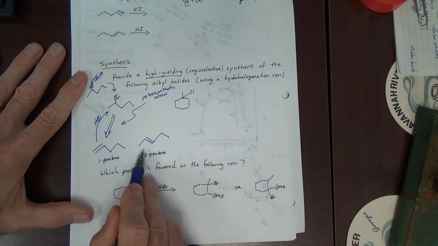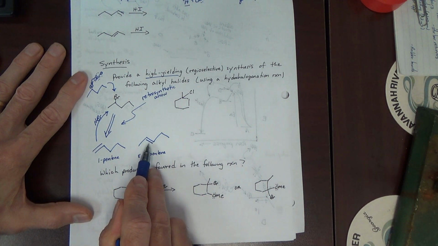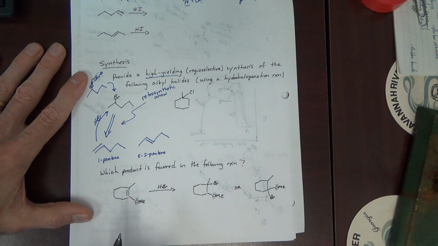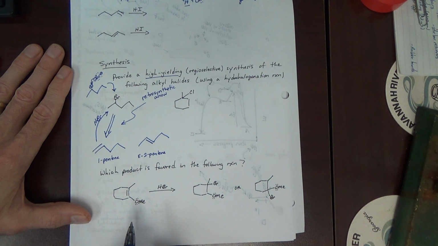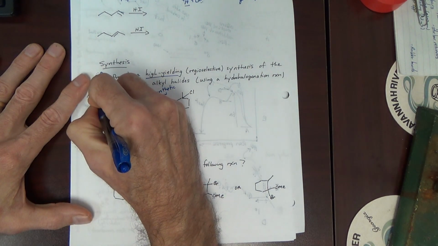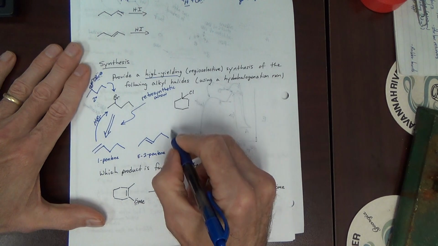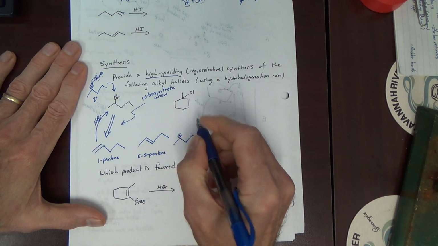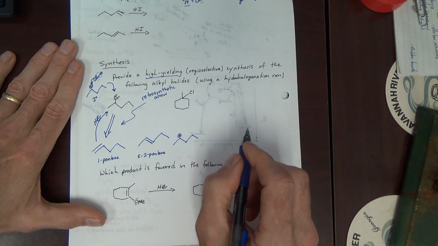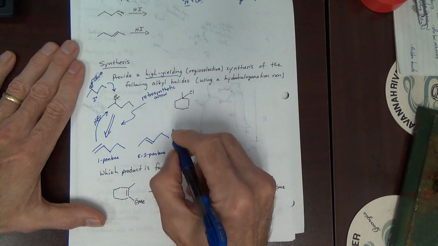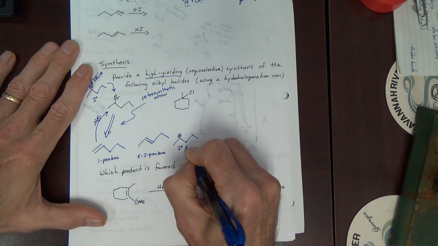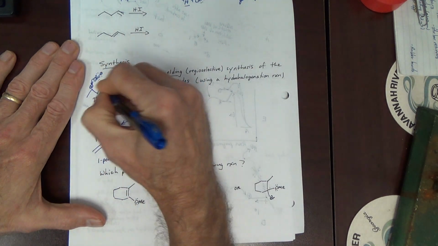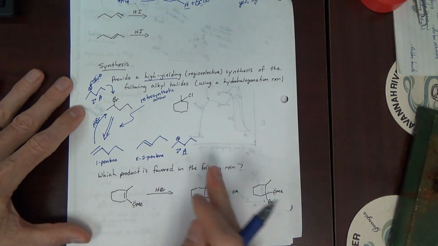The problem with this alkene is if you reacted it with H+, where are you going to form the cation? We could form either cation. We could form the cation there. Okay. Secondary, and let's call that A. You see, both of those are the same.